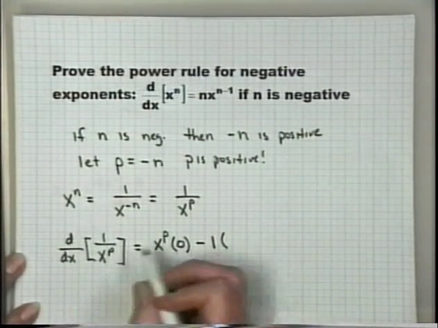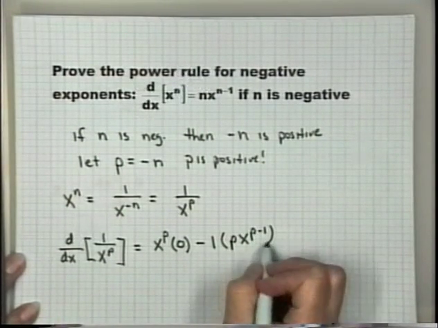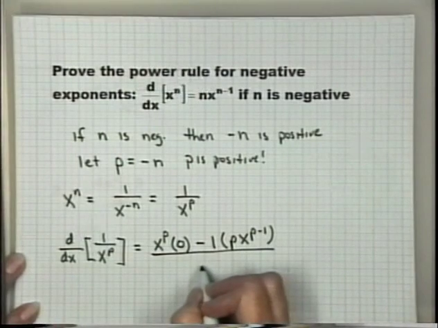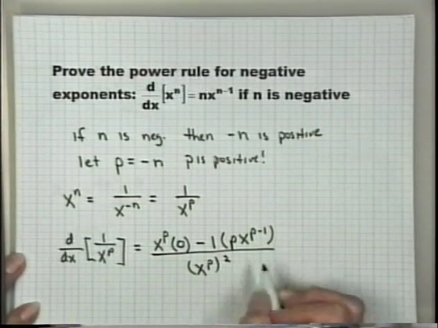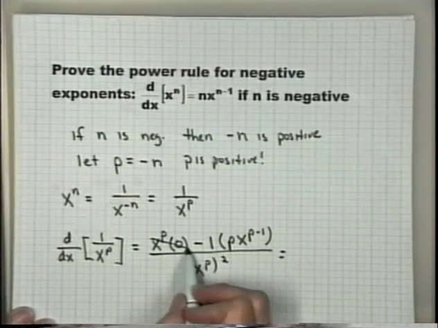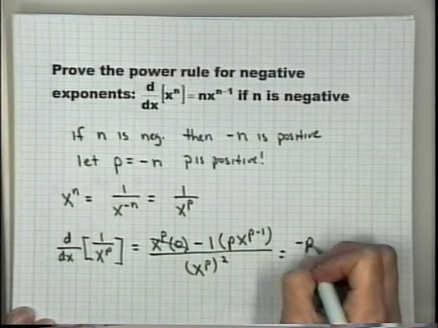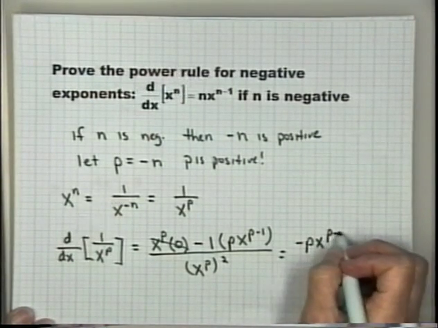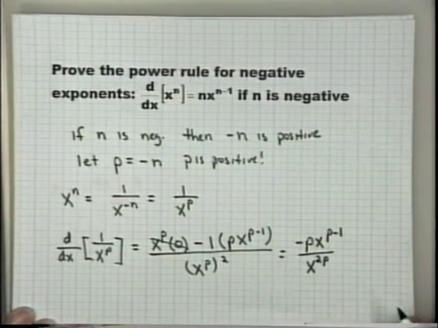If that's a positive exponent, we know we bring it down, p x, and we subtract 1, don't we? All of this is over the denominator squared. Well, let's take a look at this. X to the p times 0 would just be 0. So I have minus p x to the p minus 1 over x to the 2p, right?